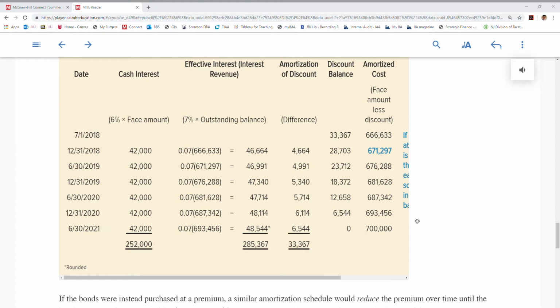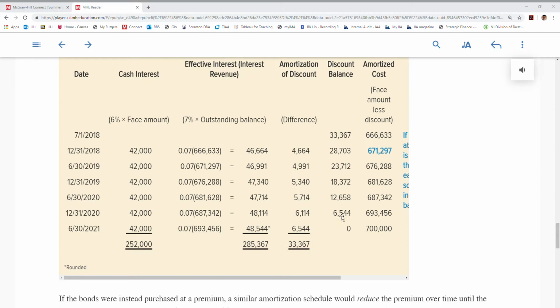Sometimes this is off a little bit due to rounding, but what we can see is that this is really the last one, and we can just delete this piece and sum this down to see if the whole discount has been amortized.